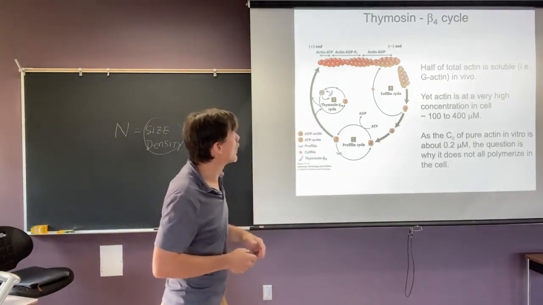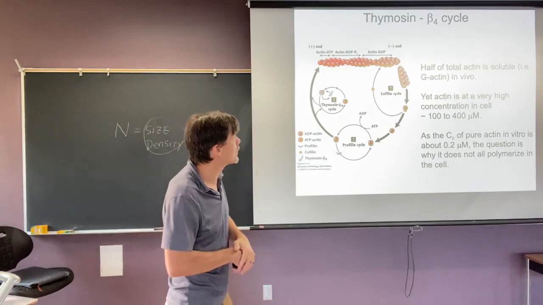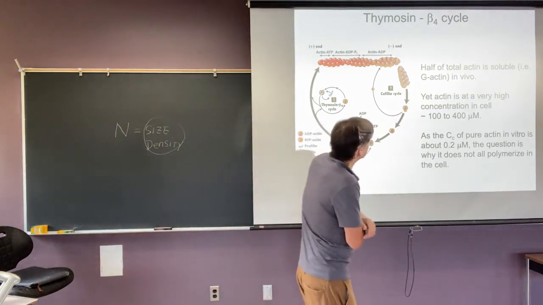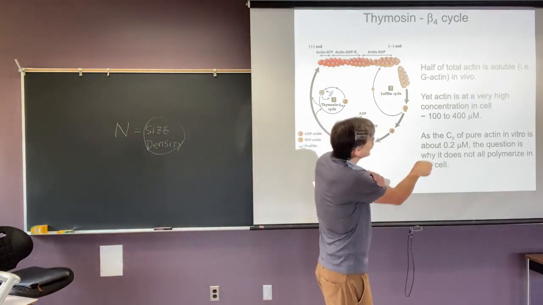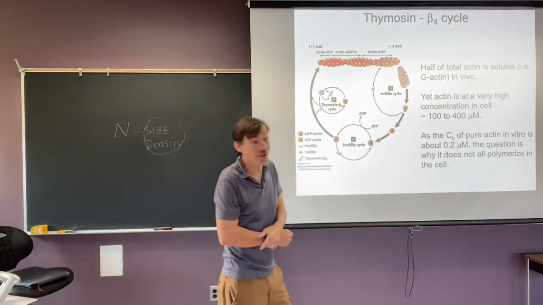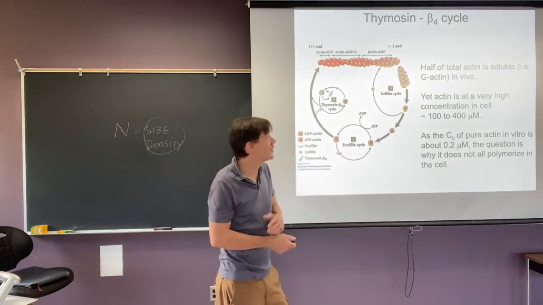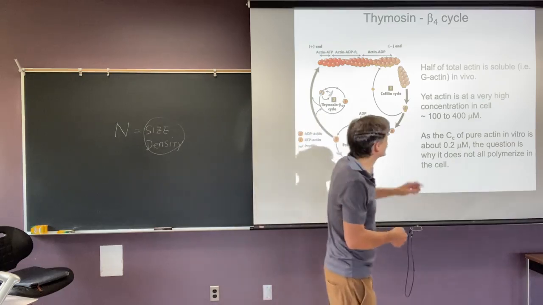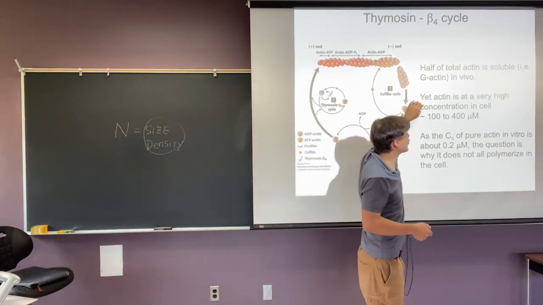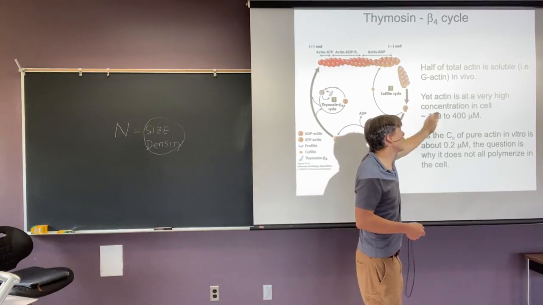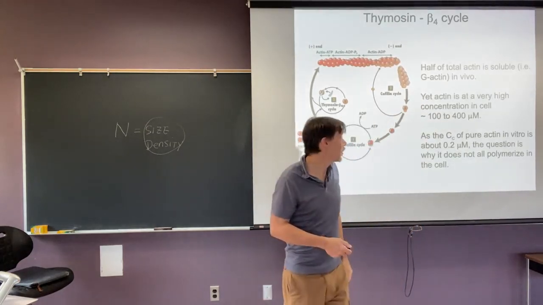In terms of the thymosin beta 4 cycle, it turns out that only about half of total actin is soluble in vivo. The rest is in filaments, but it turns out that actin concentration is really high in the cell. So it's about 100 to 400 micromolar.